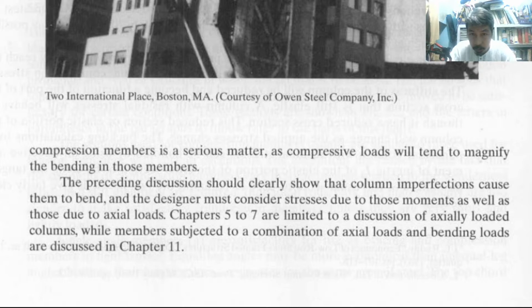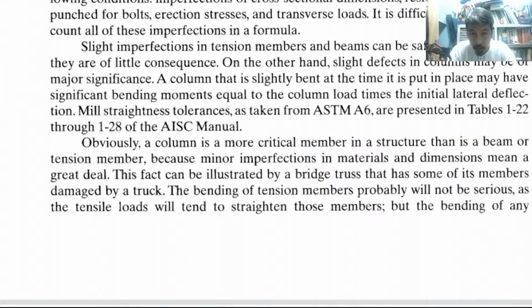Some important concepts here. A column is a more critical member in a structure than a beam or tension member, because minor imperfections in materials and dimension mean a great deal. Take note.